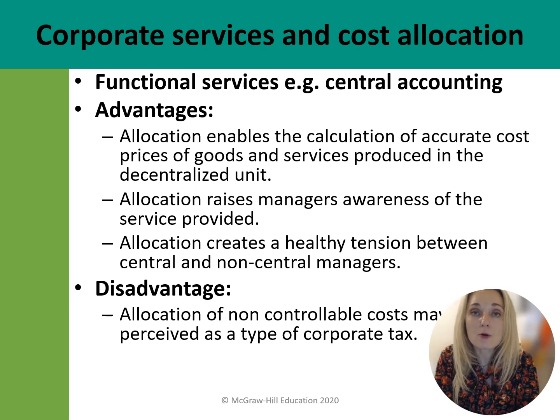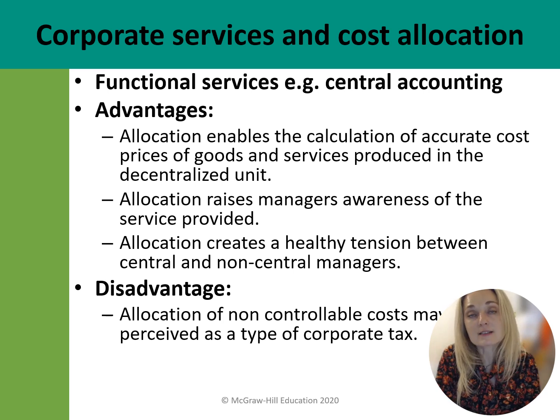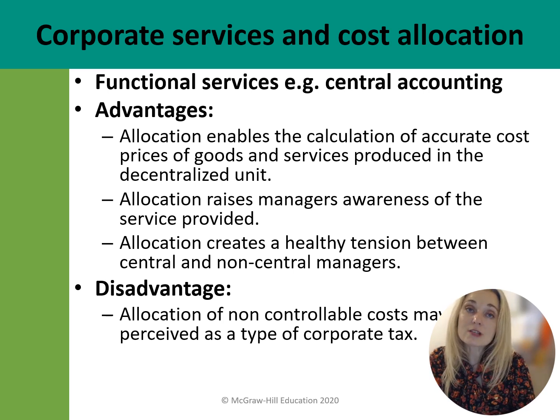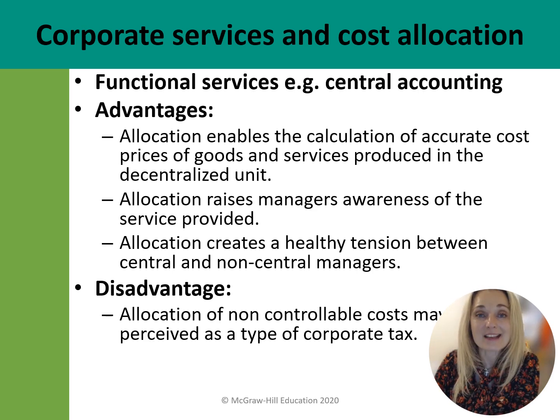For example, you are either able to use our centralized IT unit or you can use an external IT vendor. And as long as the pricing between those two is competitive, then allocation shouldn't be perceived as a problem.